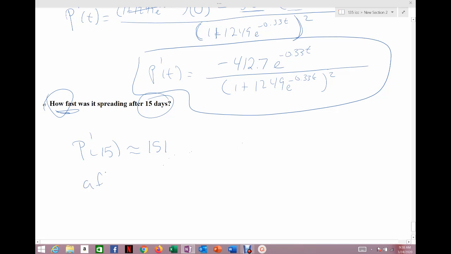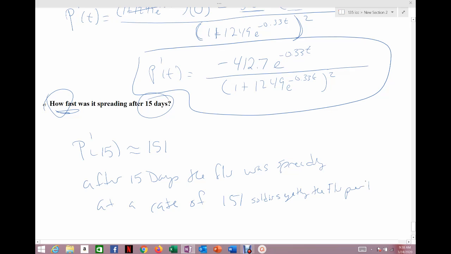So after 15 days, the flu was spreading at a rate, speed, of 151 new cases, 151 soldiers with the flu, or get the flu, per day, right? It's per day. All right, so 15 days into the epidemic, that's how fast the flu was spreading. All right, that's its rate of spread.